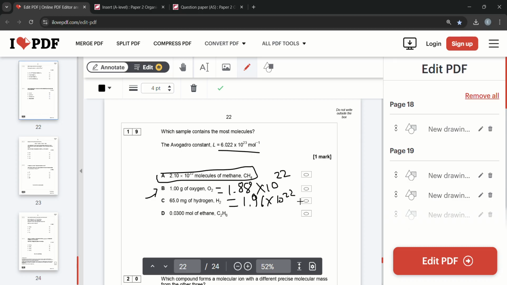And this final one, all we're going to do is 0.0300, that's the moles of it, times Avogadro's constant. And that'll give me 1.81 times 10 to the power 22. So which one is the most molecules? It's A. So we had to do all that working out just for the answer to be A, which already gives us the molecules of. Oh well.